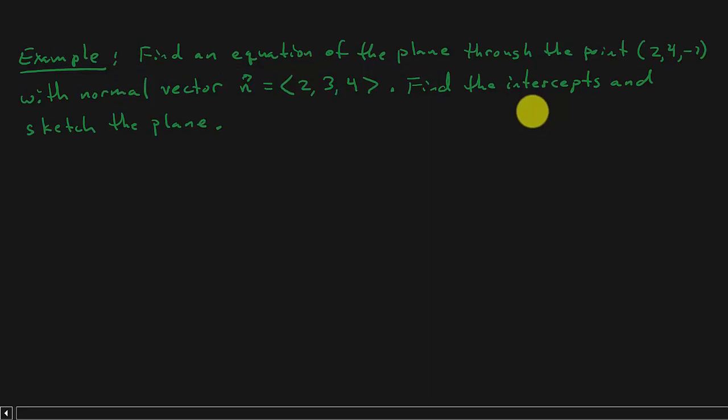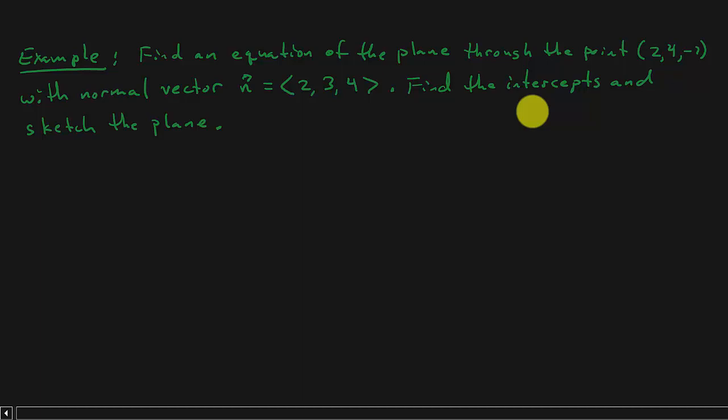It says, find an equation of the plane through the point 2, 4, -1 with normal vector n equals 2, 3, 4. Find the intercepts and sketch the plane. So they're wanting us to find the equation of the plane. Now, remember what I said. What do we need to find the equation of the plane?